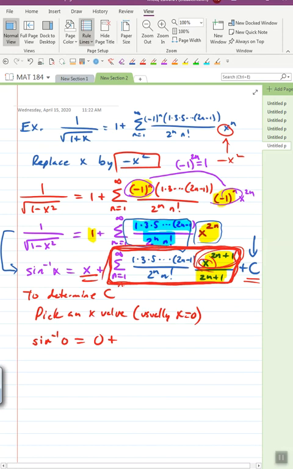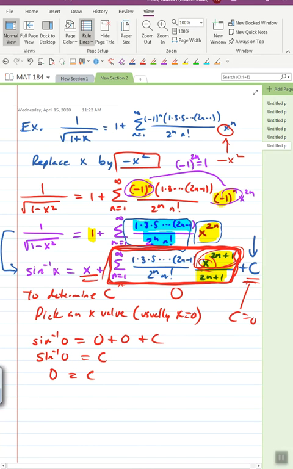Just 0. Yeah, the whole thing's just 0. Plus c. In other words, what's c? It's sine inverse of 0. And what's sine inverse of 0? It's just 0. Okay, big surprise, the c is 0.